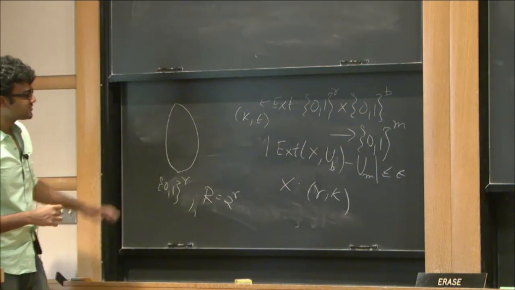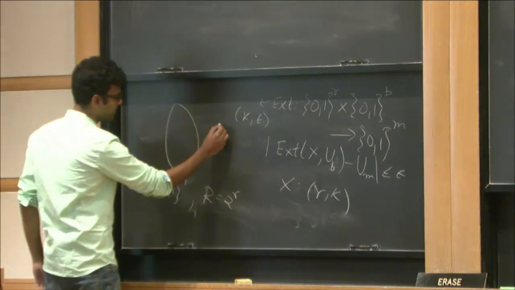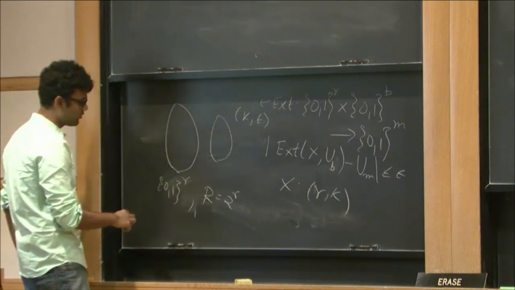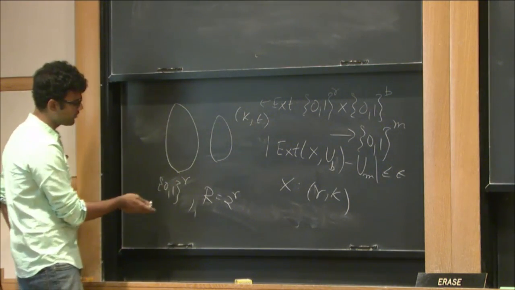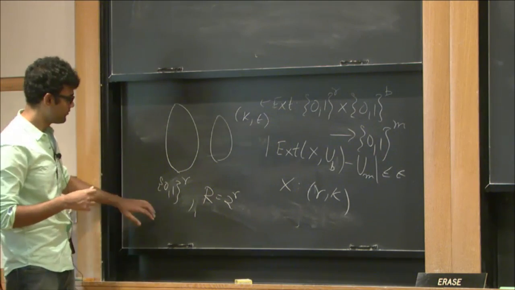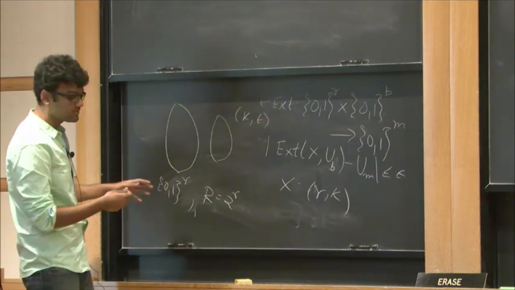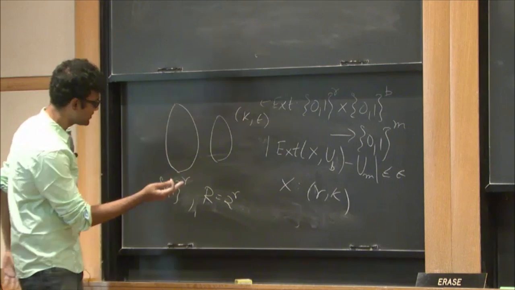Okay. So this can be graph theoretically interpreted as you have this set of length r strings, and the set is of size 2 power r.